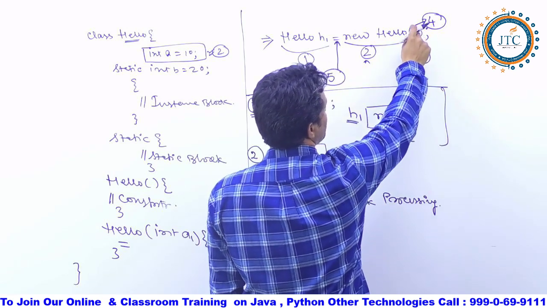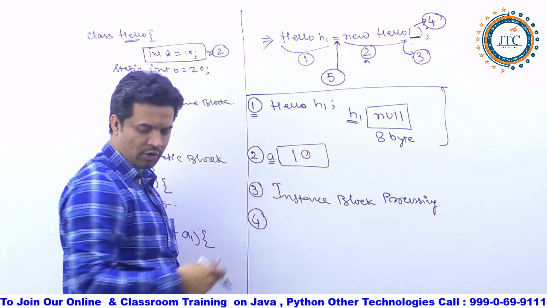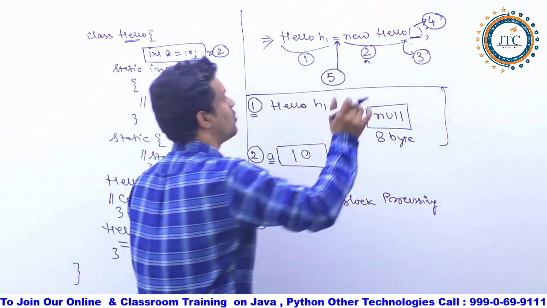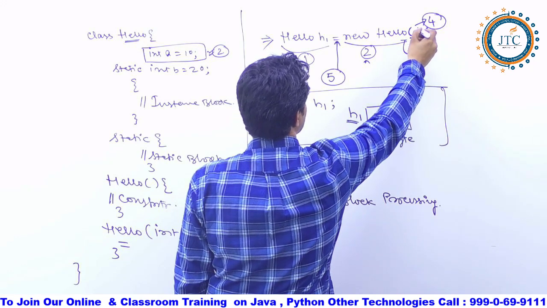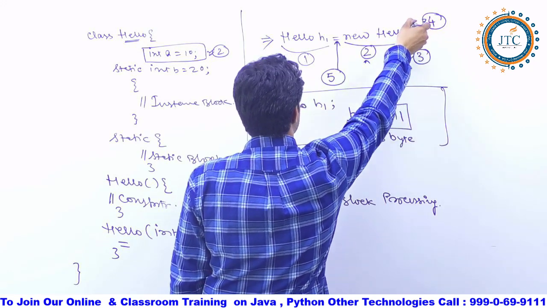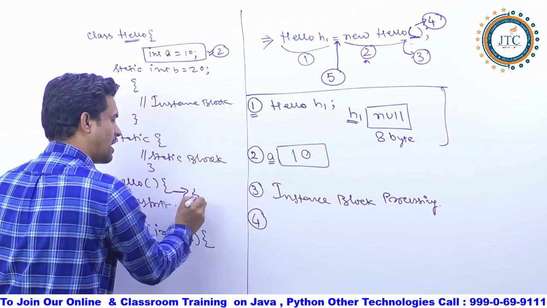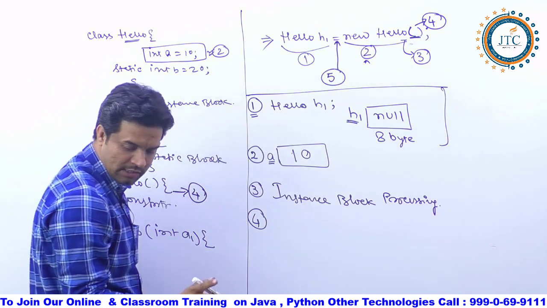So which constructor? Here you have not passed any type of parameter. So now what it is going to do is process the default constructor of a class. And why am I saying default constructor?